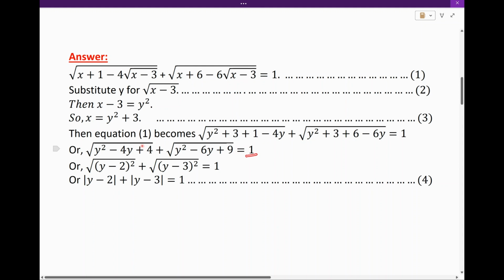Now these two square root terms, we recognize them as squares: the first term is y minus 2 whole squared, and the second term is y minus 3 whole squared. Therefore, square root of y minus 2 whole squared plus square root of y minus 3 whole squared is equal to 1.